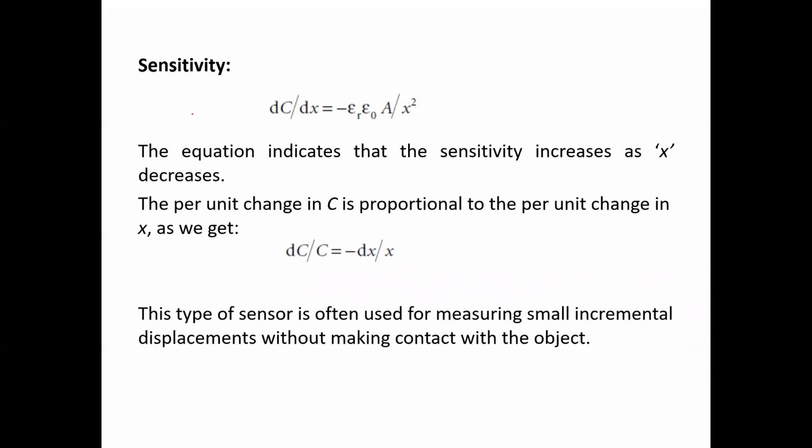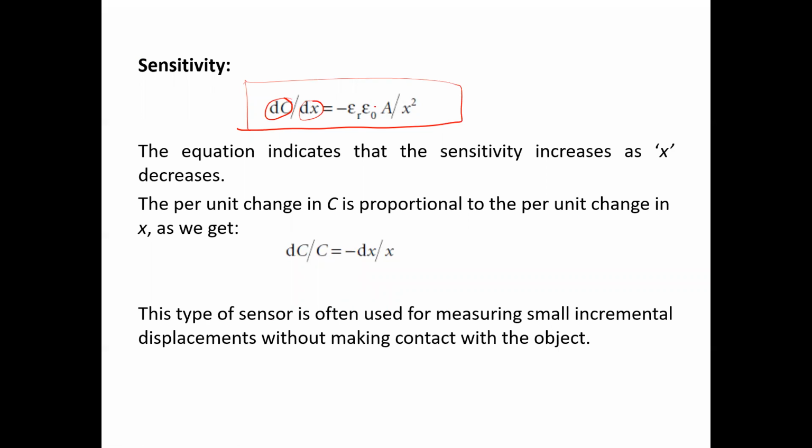So after differentiating the previous equation with respect to x, this sort of an expression can be obtained. dC actually represents the change in capacitance with respect to the change in displacement.